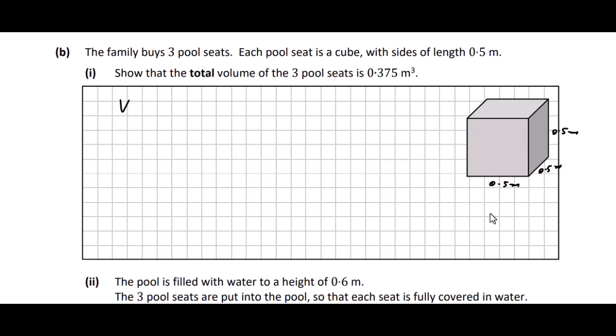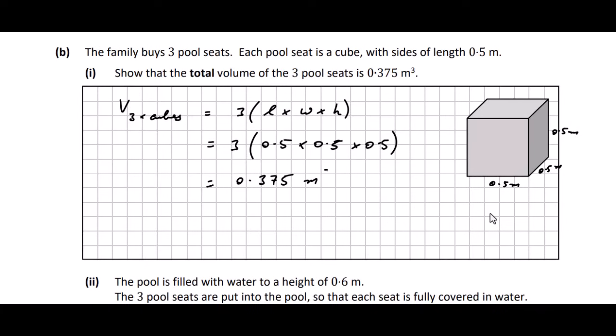So the volume of 3 cubes is going to be 3 times length times width times height. So it's going to be 3 times 0.5 times 0.5 times 0.5. So when you do all of that, you do get 0.375, and again that's meters cubed.